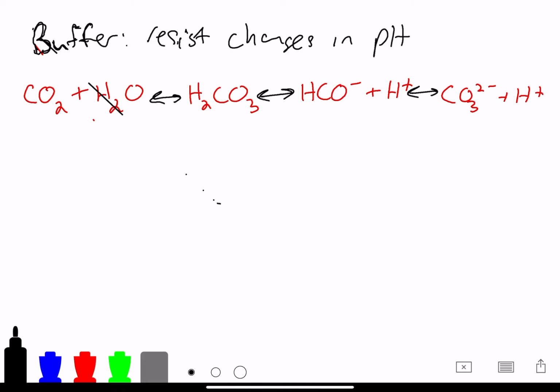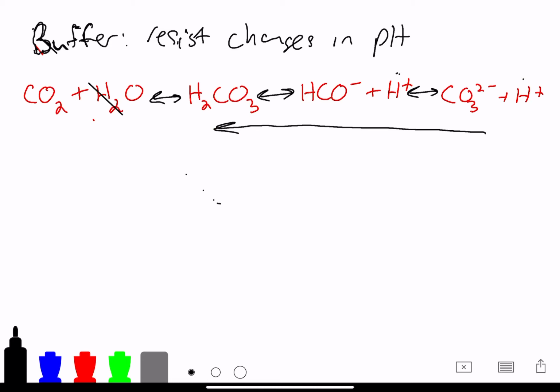So for instance, if you had an increase in acidity in your blood from, let's say, eating something acidic or eating meat, you would see the entire reaction going this direction, because you'd see an increase in the concentration of H plus in your blood.